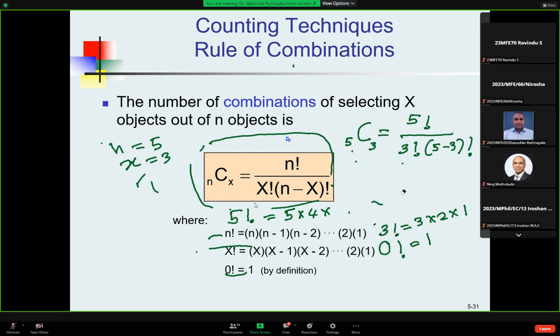Then you can take the answer. 5 factorial means 5, 4, 3, 2, 1. Then 3 factorial, and here 2 factorial.